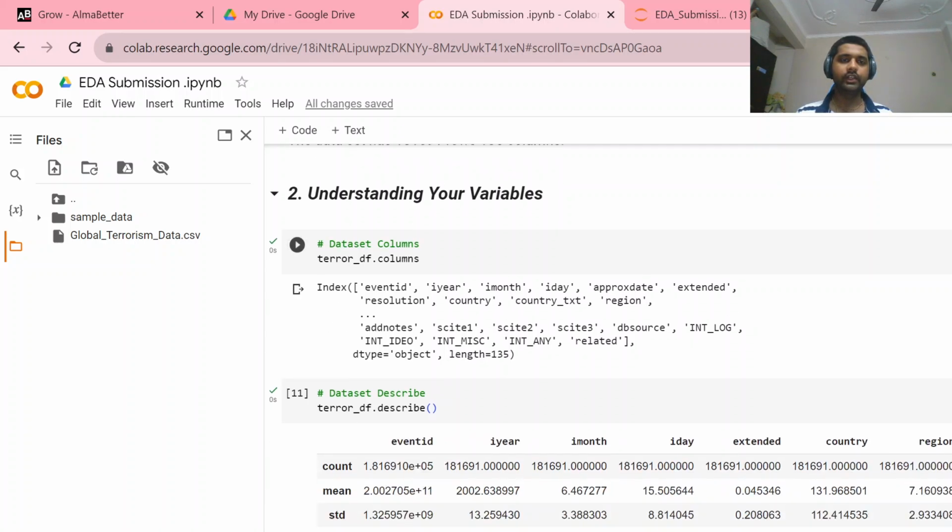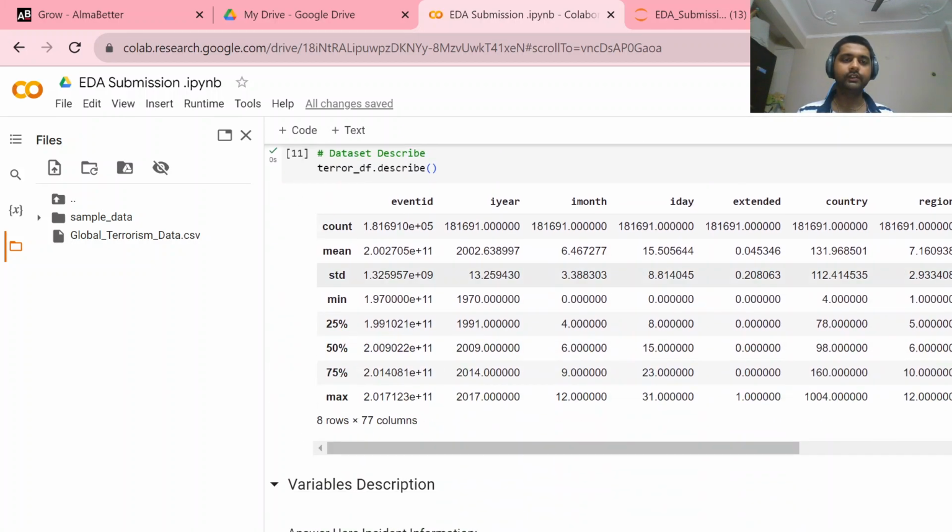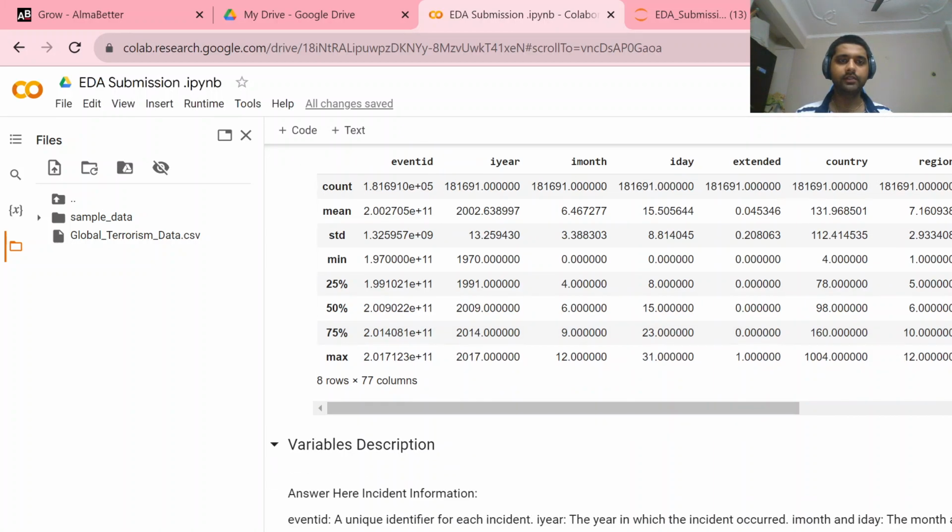These are the variables, these are our columns. As we describe our data, for every column there is a count, a mean, and a minimum value, for the numerical data types.